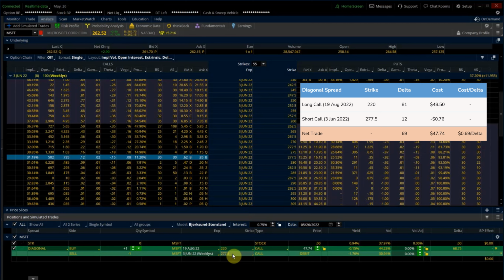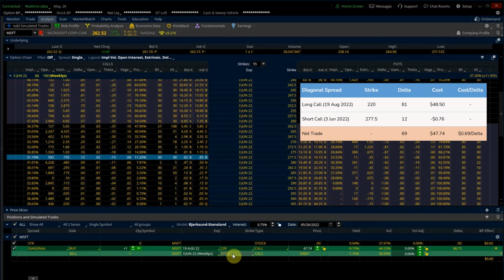And the question here is, if I look at it from a cost per delta perspective, should I be going for trades that have a higher cost per delta or lower cost per delta? The answer is definitely to go for the trade with a lower cost per delta because it costs you much less capital to capture every delta move in the underlying.